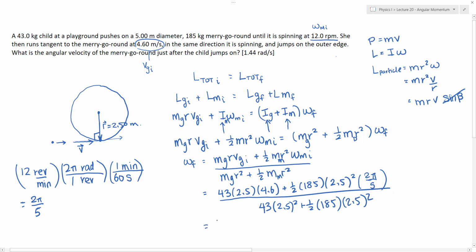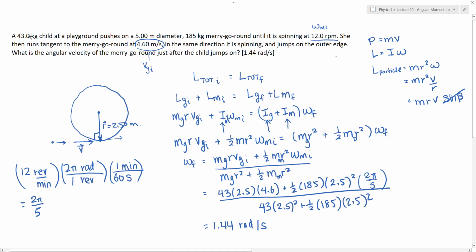All right, I'm going to type all of this up. And I get 1.44 radians per second.